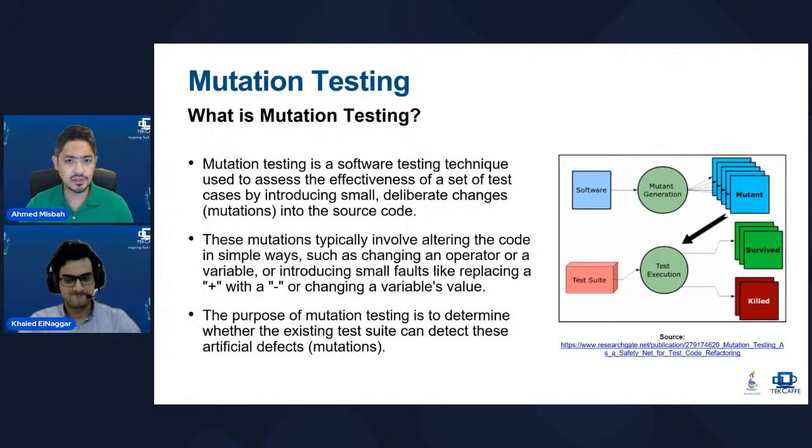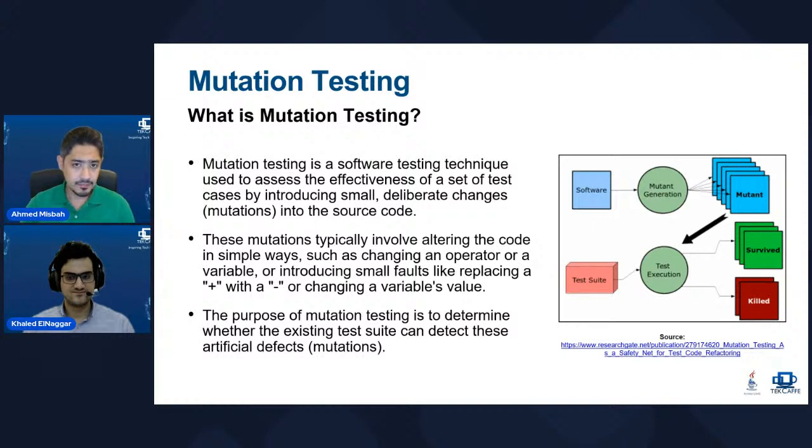So what's mutation testing all about? It's a software testing technique used to assess the effectiveness of a set of test cases by introducing small deliberate changes, also known as mutations, into the source code. So basically, a mutation testing library makes changes to your production code and runs the tests.